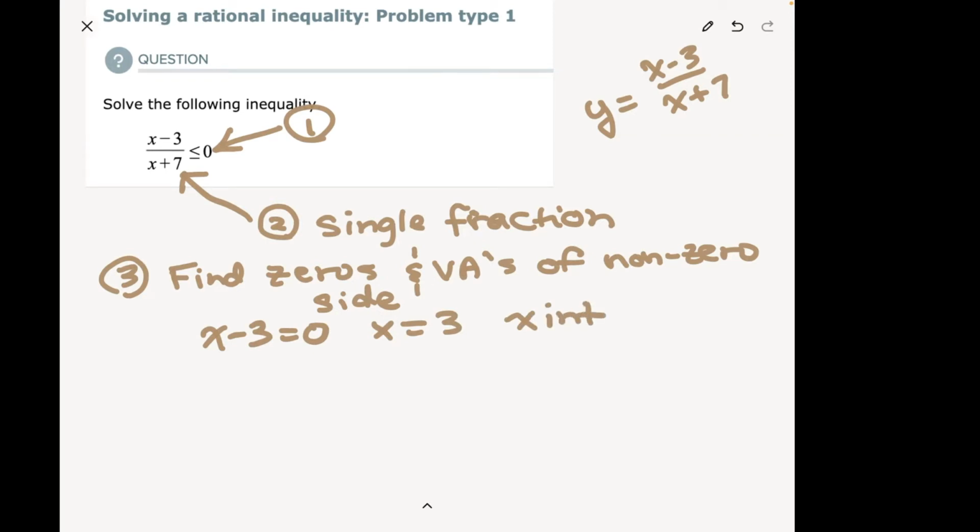And then we know that we set the denominator equal to 0 to find the vertical asymptotes. I'm emphasizing what these things are graphically because it's going to affect the use of brackets versus parentheses. So I solve that and get x equals -7. That's my vertical asymptote.